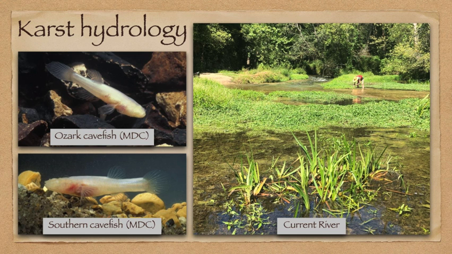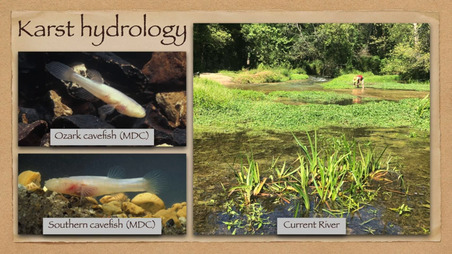We could spend a lot of time talking about hydrology, but we'll settle for just a brief mention of karst hydrology. That is the sinkholes, caves, and springs that are so prevalent in the Ozarks. For example, caves host blind cavefish that have evolved for life underground in these karst systems. Missouri actually has 2 different species, and they live in different stratigraphic units within the Ozark Plateaus region.